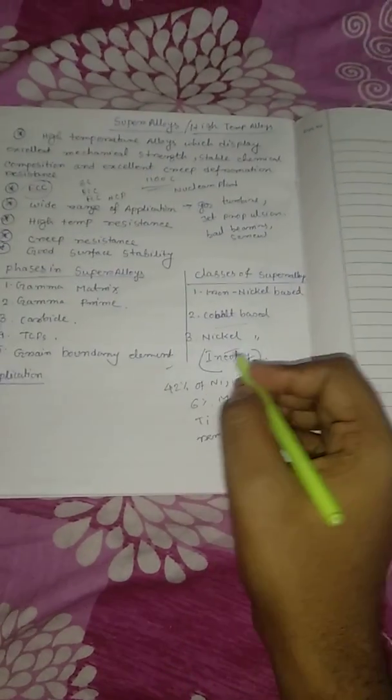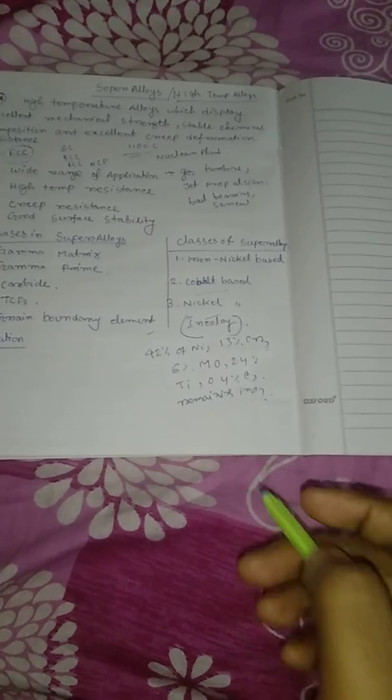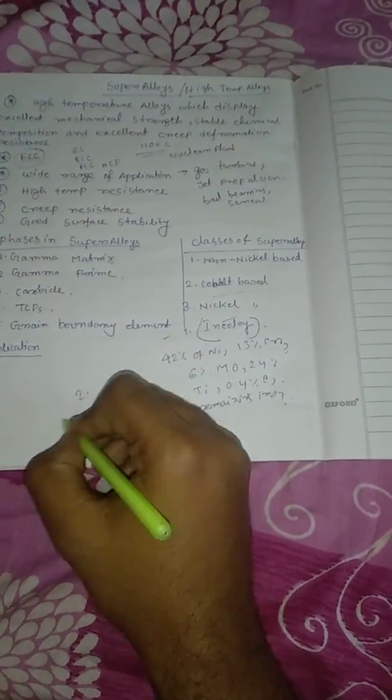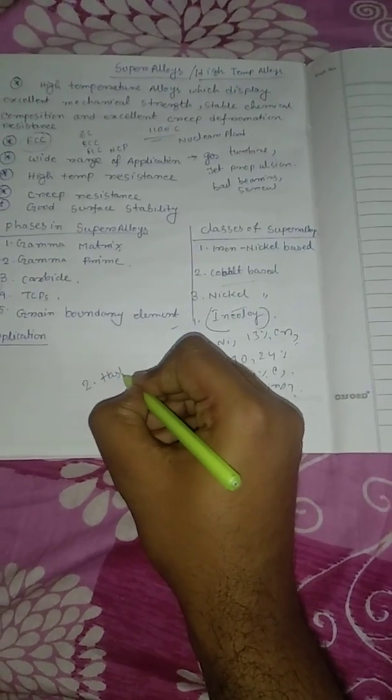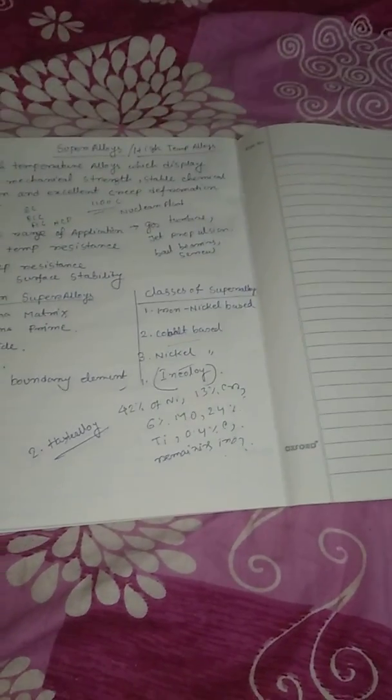Now Hastelloy is also a nickel based alloy, another example. Hastelloy is just one type of nickel based alloy.